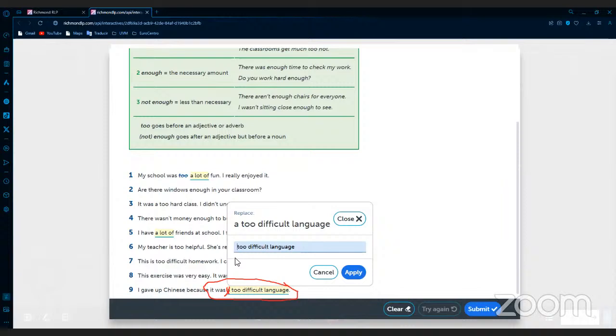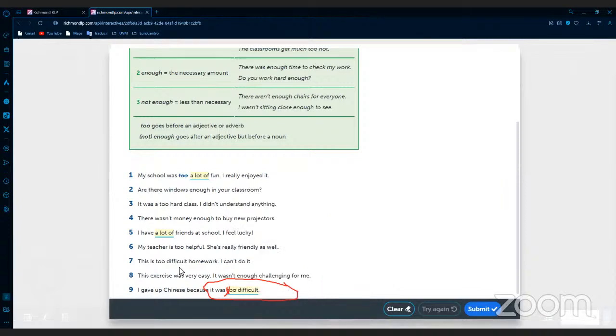Anyone? Maybe language. Language. 100%. That right there is causing nothing but noise. Está causando nada más que ruido. I gave up Chinese because it was too difficult. Era demasiado difícil.